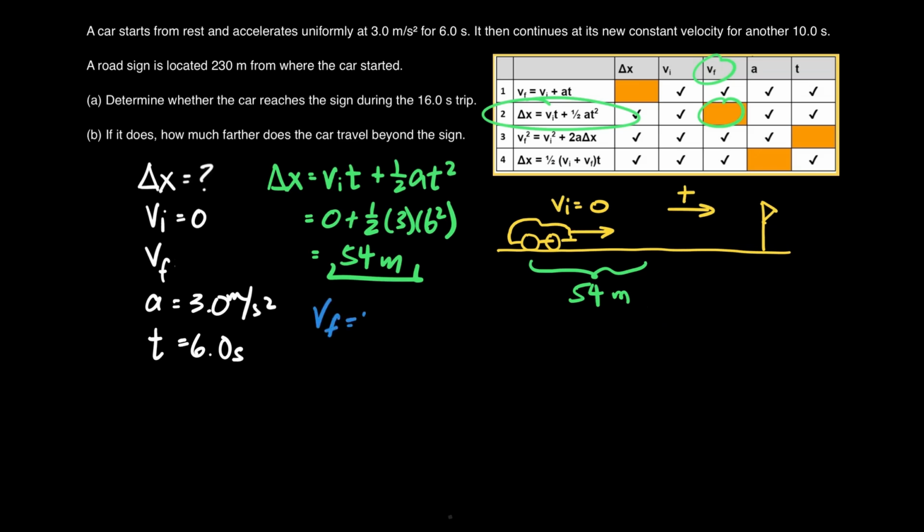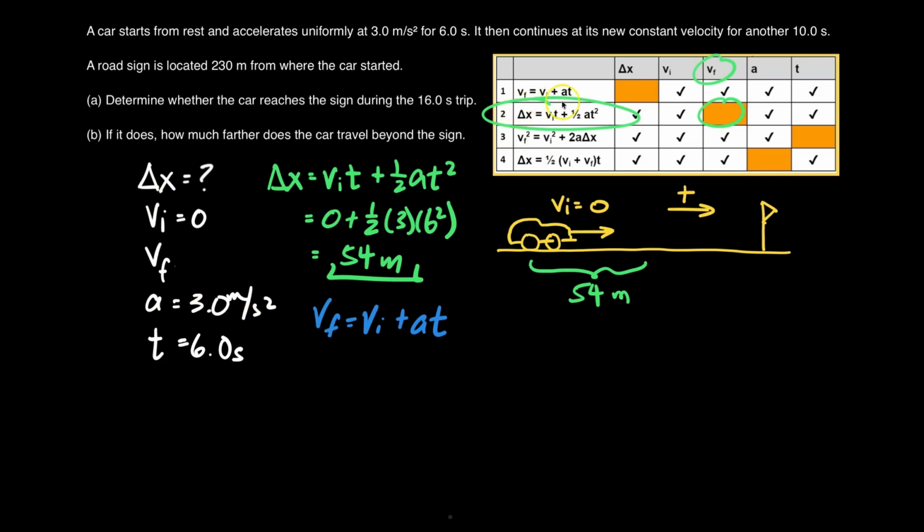Next, we're going to look for the final velocity at the end of 6 seconds, because remember that in the second part of the trip, it's going to be traveling at that speed for 10 seconds. To find the final velocity, we can actually use any of these kinematic equations that has VF in it, because we know the numbers for all the other variables.